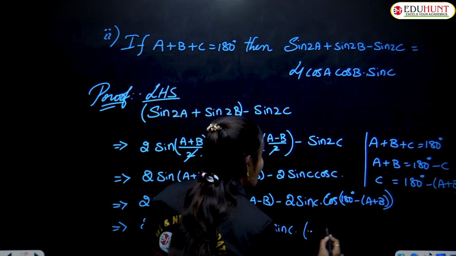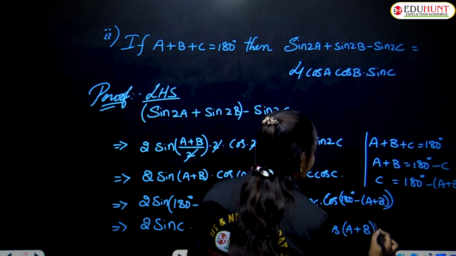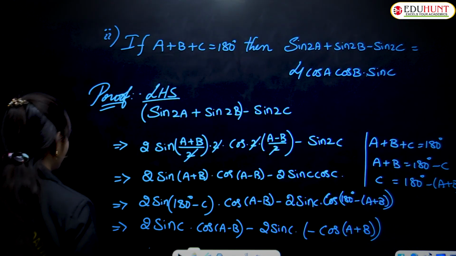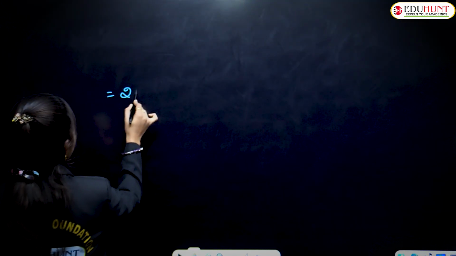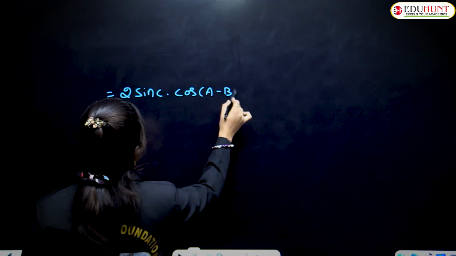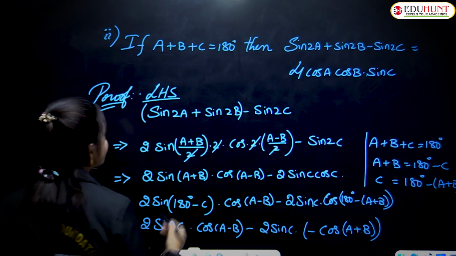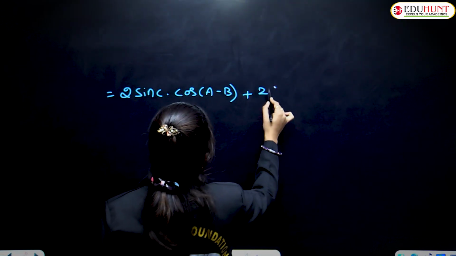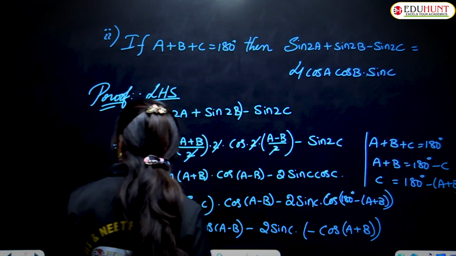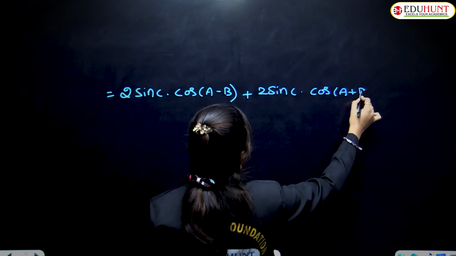So that one is minus cos (A plus B). Understand? So here it equals 2 sin C into cos (A minus B), and here minus into minus is equal to plus, plus 2 sin C into cos (A plus B).